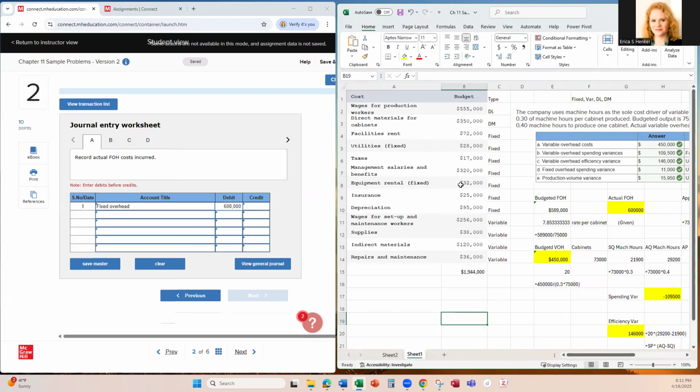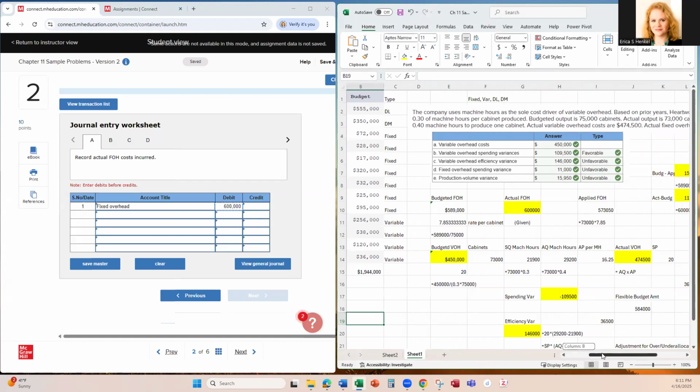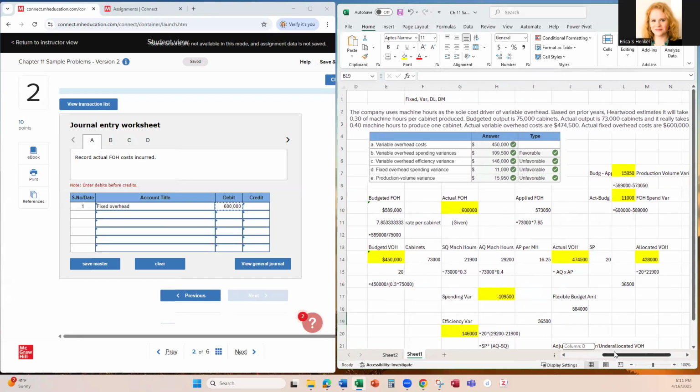This is a budgeted amount, so it doesn't tie out to the 600,000, but they didn't provide us the detail of what we actually paid at the line item level. So we're using a plug account here, salaries payable, etc. So that's the first entry to record the actual overhead.